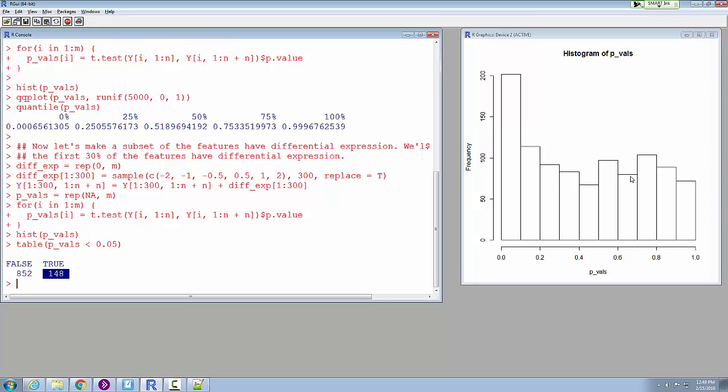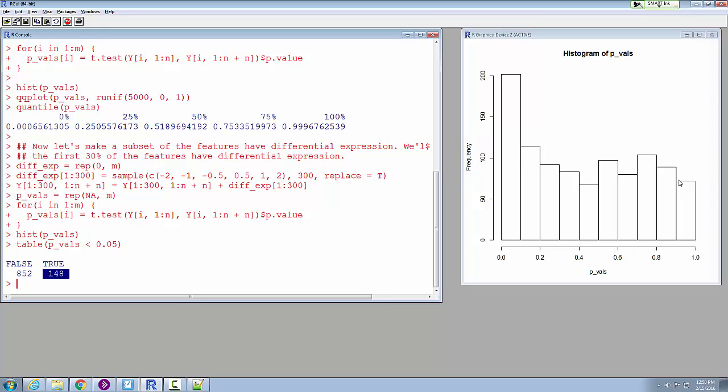And those have been mixed together. In particular, if all the features were null, the height of the flat part of this distribution would be 1. To the extent that it's not 1, that tells us about the trade-off between interesting and uninteresting features.